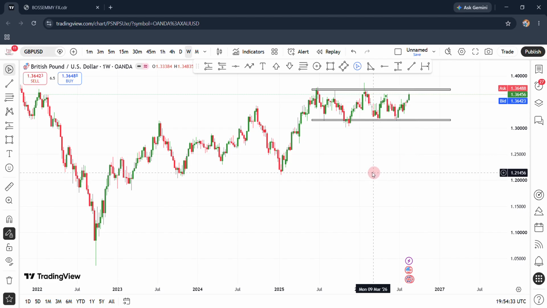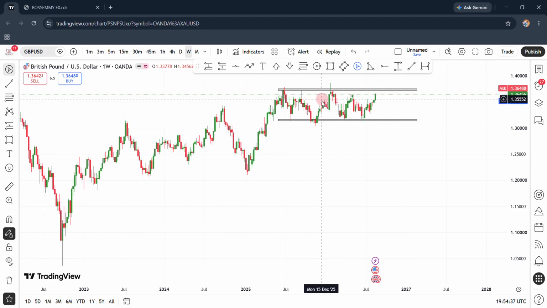So that is what GBPUSD is basically telling us. I don't want this video to be so long, so it's looking like price is ranging around this zone, but we have higher highs, higher lows, then we started having equal highs here.